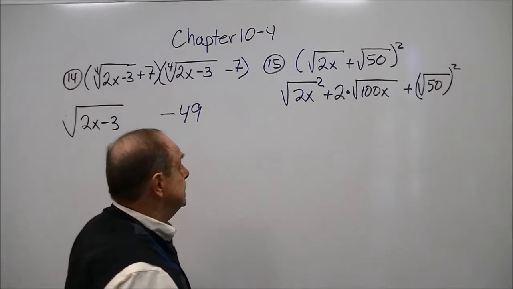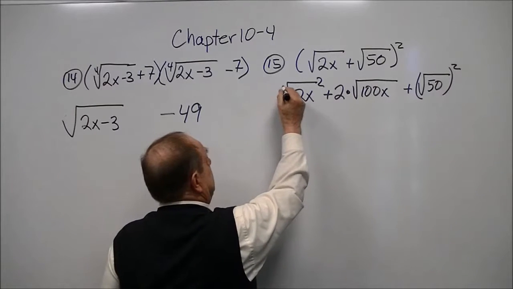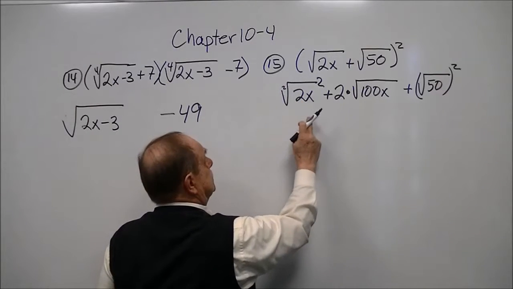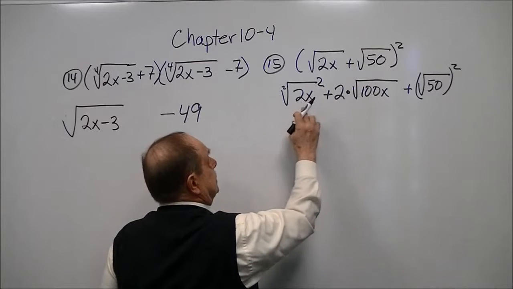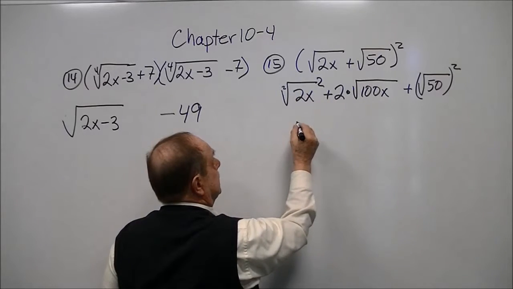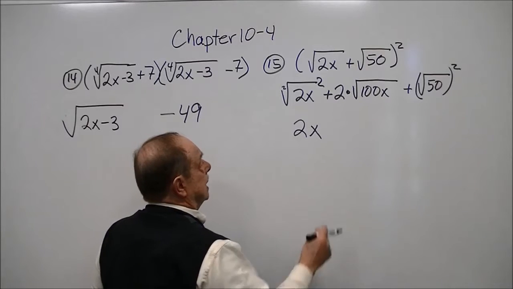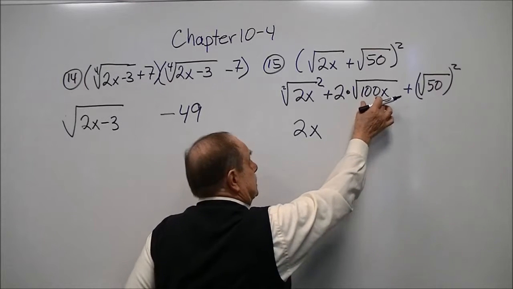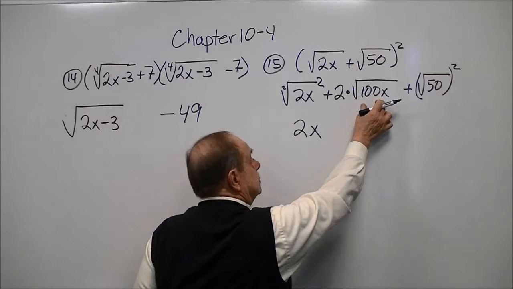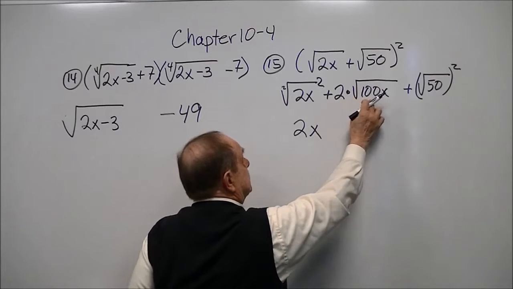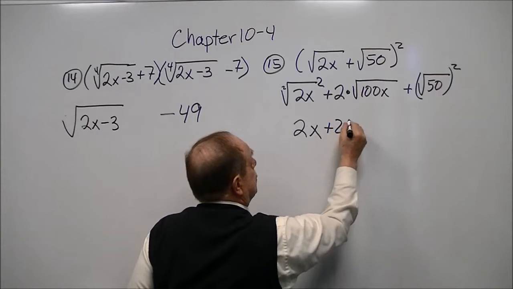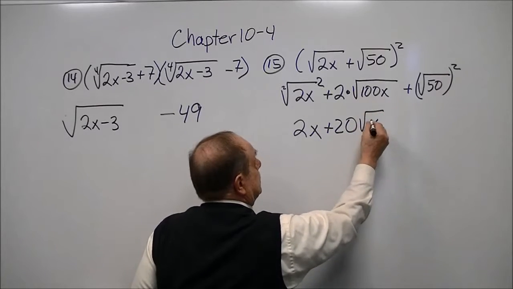So what happens? Well, when this index number, again, is 2, 2 divided by 2, take away the radical sign, this becomes 2x. This now, the square root of 100 is 10. 2 times 10 is 20, the square root of x.